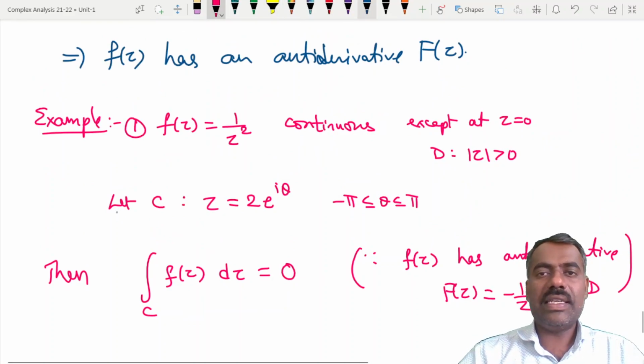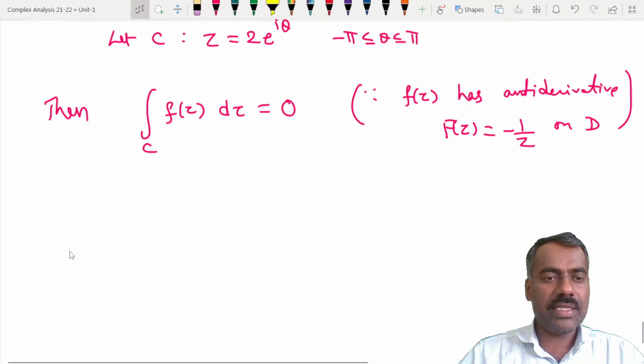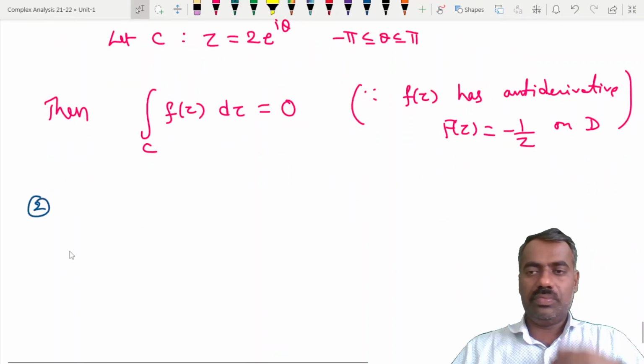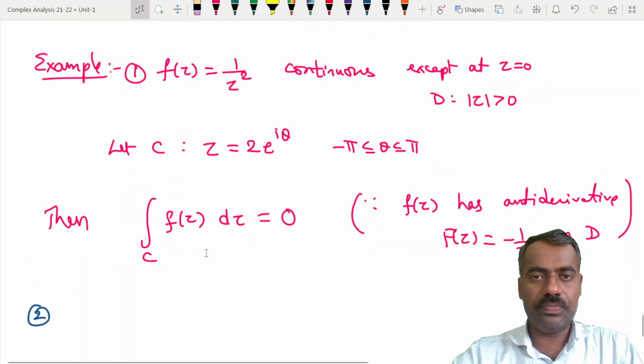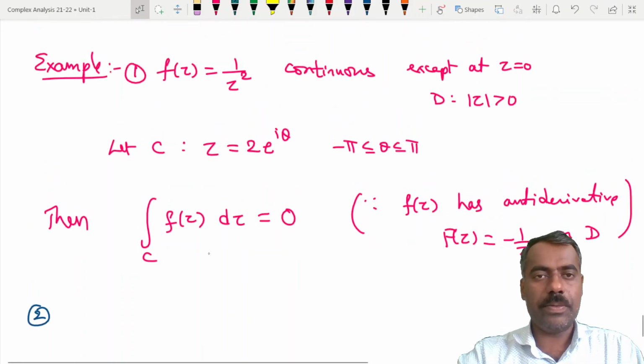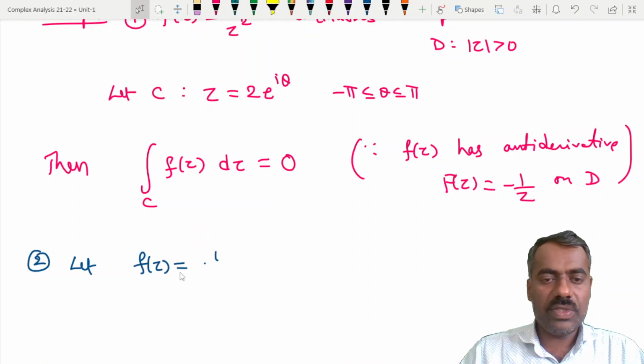Now we'll see one example which involves branches, and how we can calculate the integration over a contour which involves a branch. So let f of z be equal to, say, 1 by z.